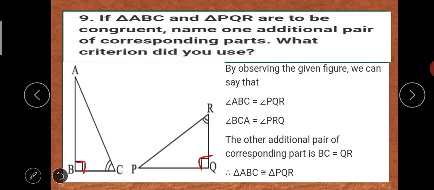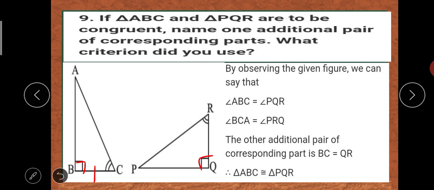And angle BCA is equal to PRQ. So the additional pair of corresponding parts that we find here is BC, which is equal to QR.